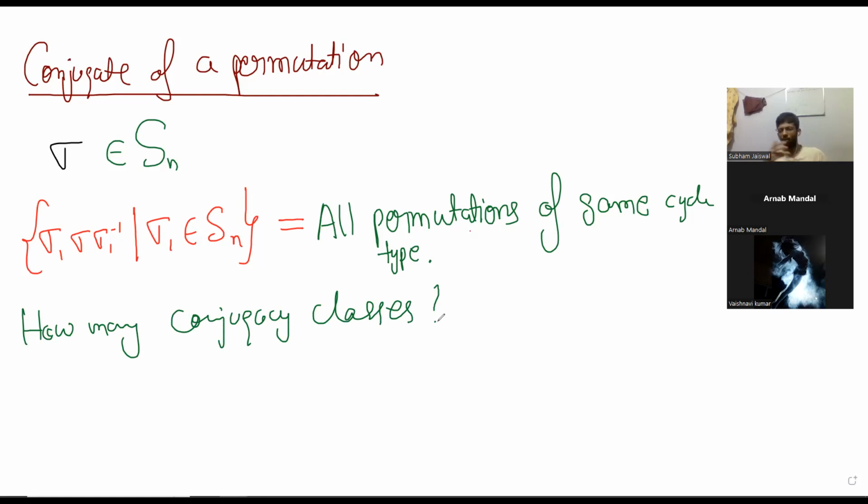Meaning, is this some other known combinatorial quantity? So think about what is a cycle type. If you think about it very clearly, then there is no problem, right?